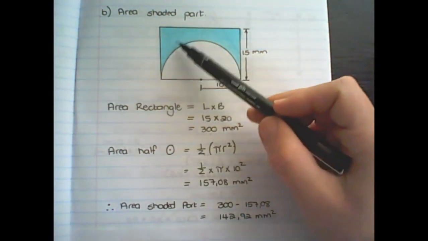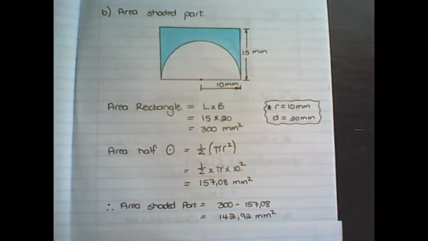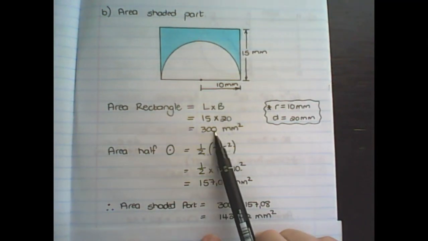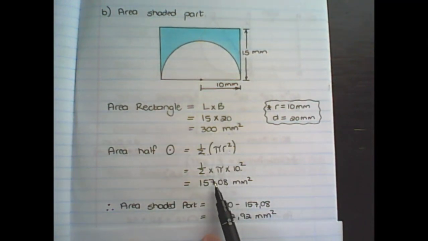Therefore, the area of the part colored in blue would be 300 millimeters squared minus 157.08 millimeters squared, which gives us 142.92 millimeters squared.